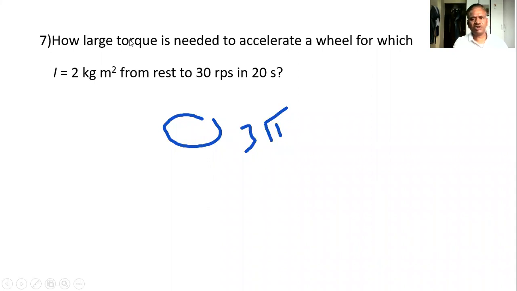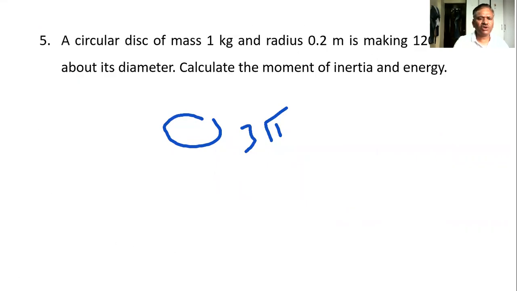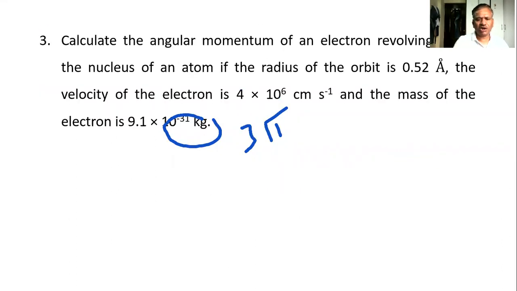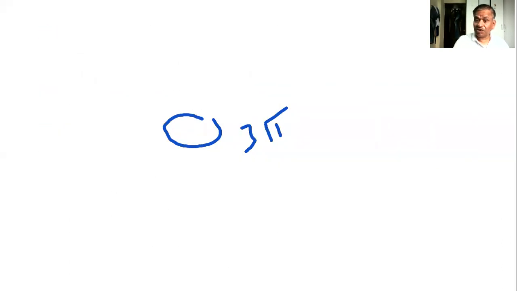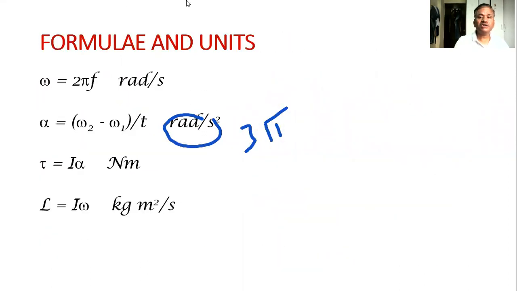I have solved enough problems here, but what are the formulas? Torque equal to I into alpha, a very, very important formula. Kinetic energy equal to half m v square, but in rotational motion it is half I omega square.